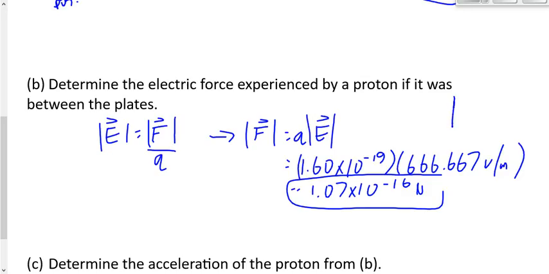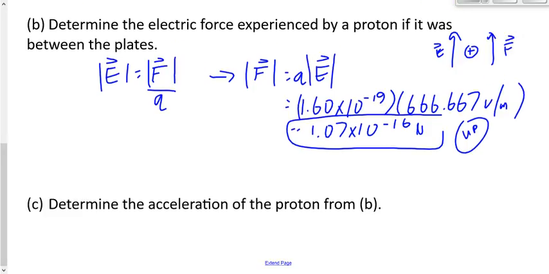The electric field was pointing up. It's a positive particle, so the force would be pointing upwards as well. And the last question, this one should be pretty easy for us now. The acceleration, we're just going to say A is equal to F over M. Just solve for the force. You got the mass. Divide the two.